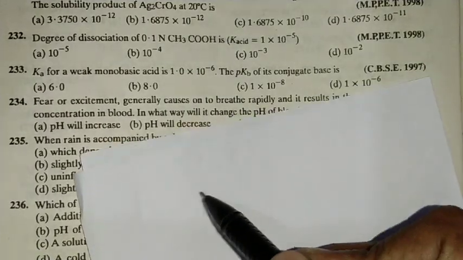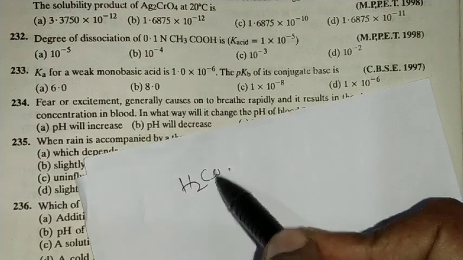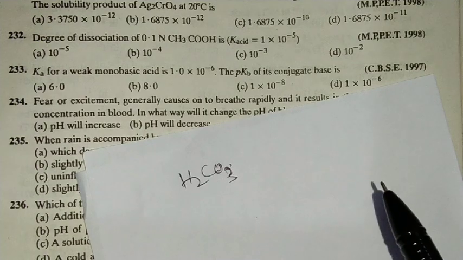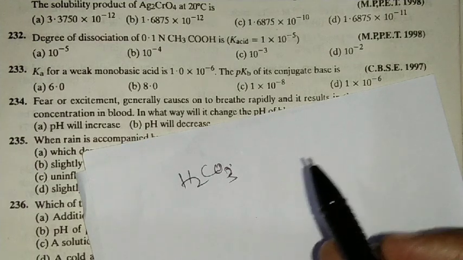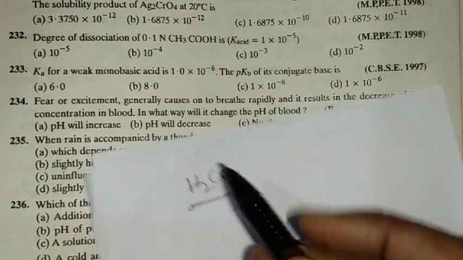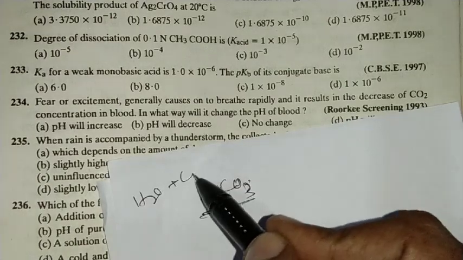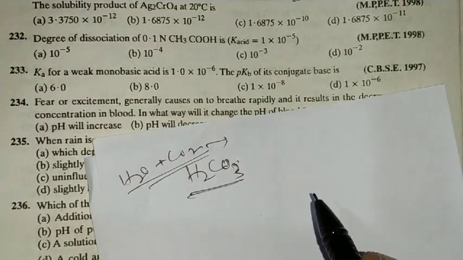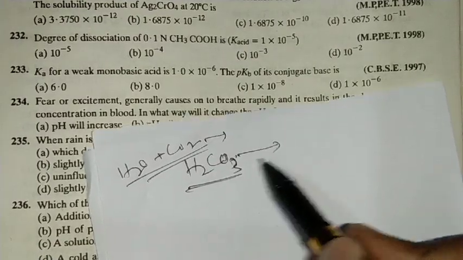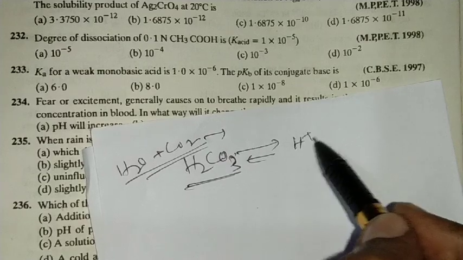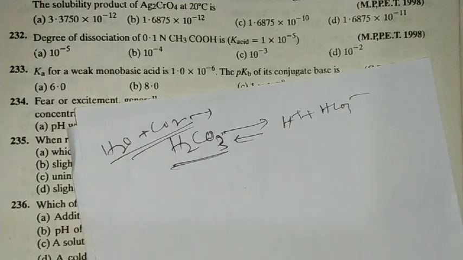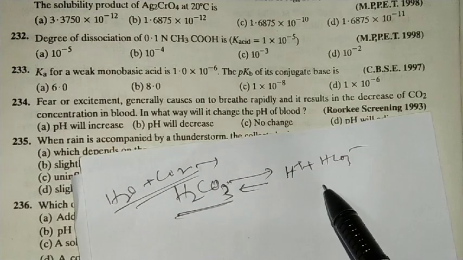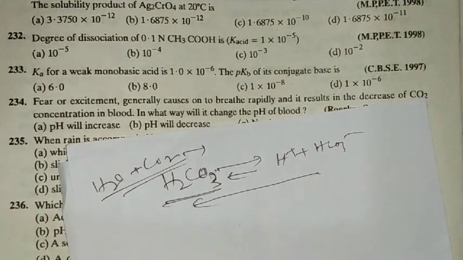Remember that in the blood system, you know, H2CO3, carbonic acid, and sodium bicarbonate. Generally, H2O is also present, CO2 is also present in the human system. It converts to H2CO3. So H2CO3 maintains an existing equilibrium with H plus and HCO3 minus. Observe here, if CO2 decreases, the reaction moves towards the backside.